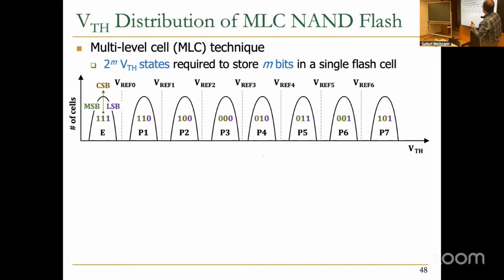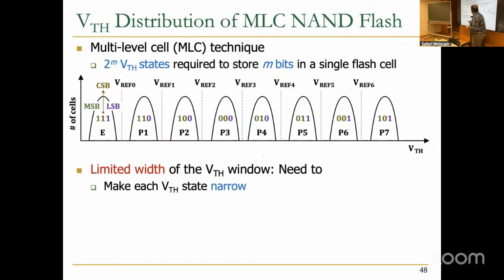This is another example. When we want to store 3 bits in each NAND flash cell, you need to have 8 states, and you have MSB, CSB, and LSB. Essentially you can encode these states into different encodings, and this encoding scheme can be different depending on what you prefer and what you care more about. There is a limited threshold voltage window compared to SLC.